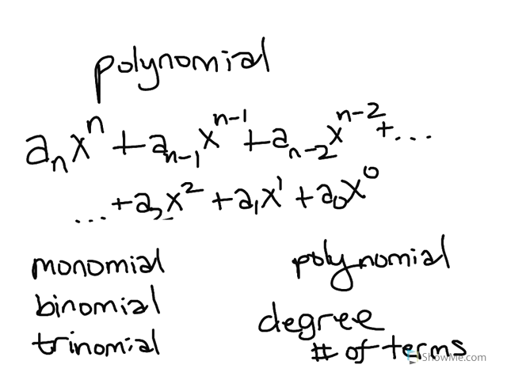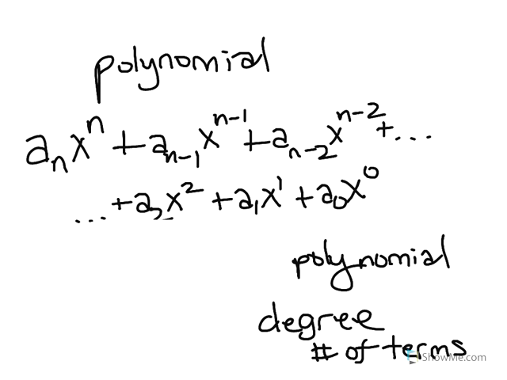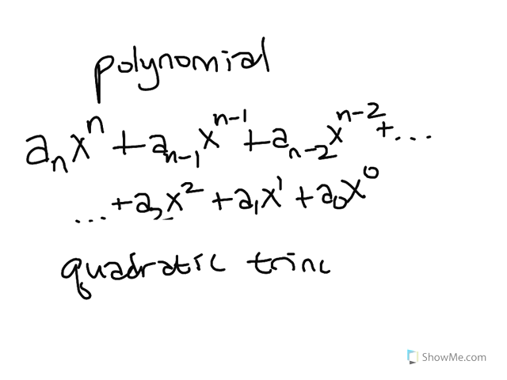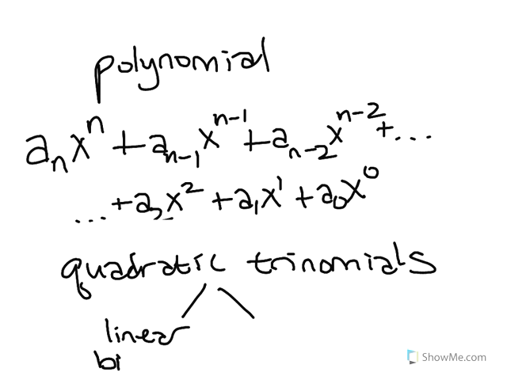In most courses like this one, the heavy focus, the overwhelming focus of our work with polynomials for the whole first chapter, or a unit in which you work with them, is going to be quadratic trinomials. We're going to spend an inordinate amount of time with those, particularly learning how to decompose them or factor them into linear binomials.